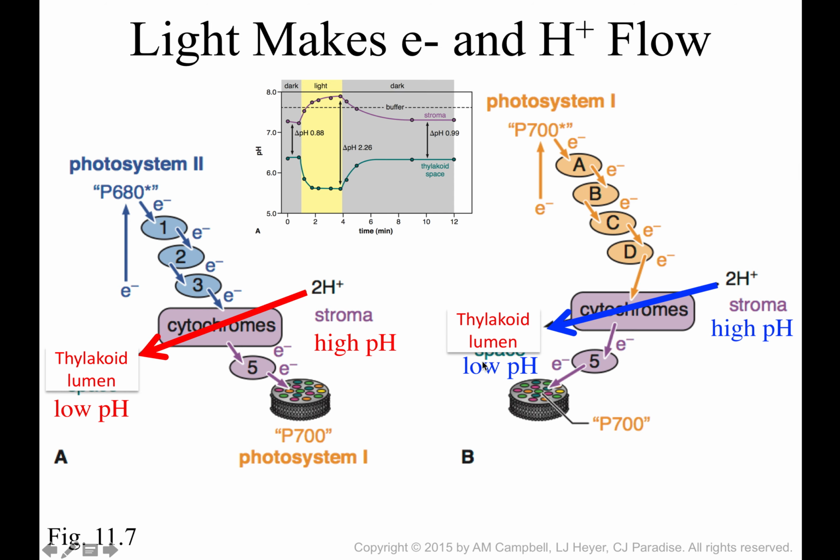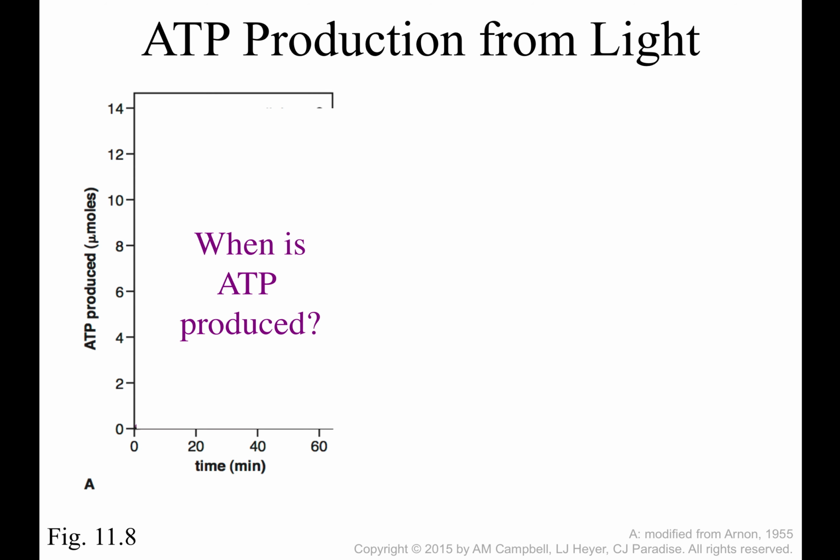So into the middle of that pancake, stuffing that pancake. Okay. Now we have a pH gradient where the pH is lower inside the lumen than in the stroma. The hydrogen ion concentration is higher in the lumen than in the stroma. And with that pH gradient, that's energy, and we can convert that energy into ATP.